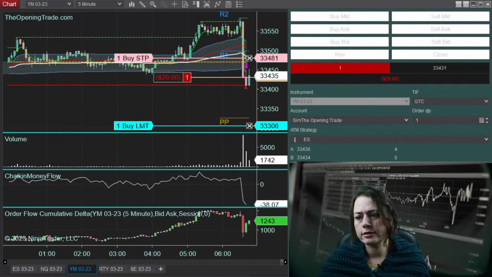We are still in an automated trade on our futures market here. It is just hanging in there.